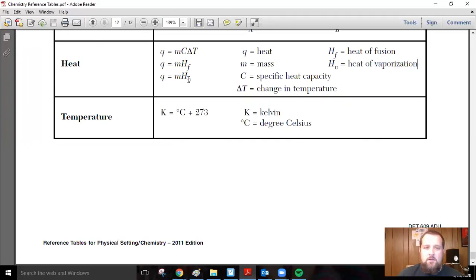Don't let these little sub letters here, these subscripts, confuse you. They just go with the letter that's next to them and they're meant to give you more information. So there's like heat for boiling or vaporizing, and there's heat of fusion, and they're just different kinds of heat.